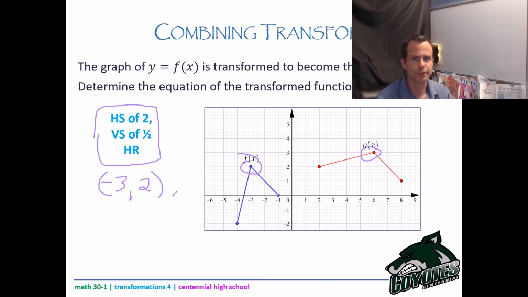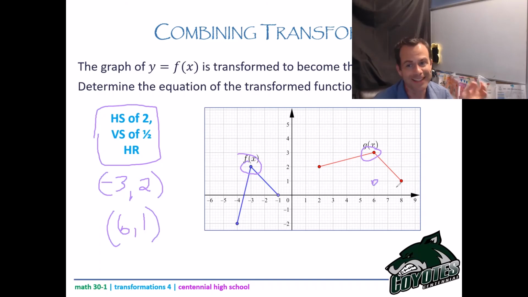That's -3, 2. You probably already caught me on that, but okay. If I just applied this, the horizontal stretch of 2 and the horizontal reflection, well, that would turn into 6, right? Because I had essentially multiplied -3 by -2. And then the vertical stretch of 1/2, the 2 would turn into 1, okay? And so now that puts me at 6, 1.